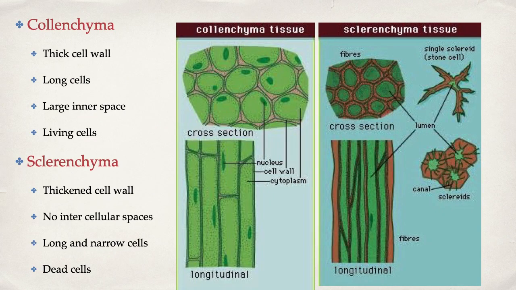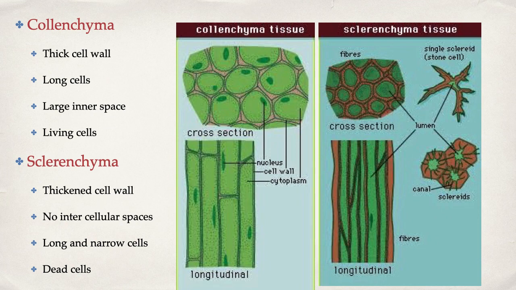Now the next tissue is called collenchyma. In collenchyma tissue, the cells are thick and very long with large inner spaces. All these cells are living cells, and collenchyma cells give mechanical support to the plant. Now the next tissue is called sclerenchyma.